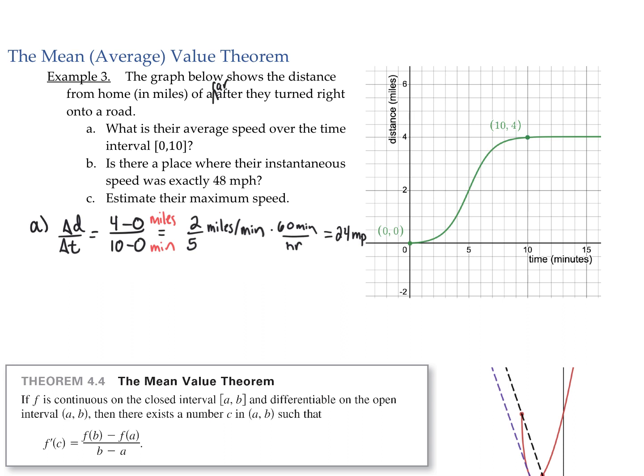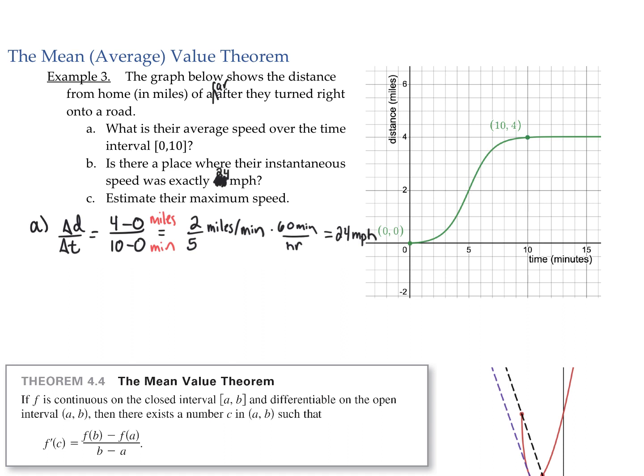Okay, part B says, is there a place where their instantaneous speed is exactly 48 miles per hour? I think I meant for them to be going an average speed of 24 miles per hour, or 48 miles per hour. So, hold on.